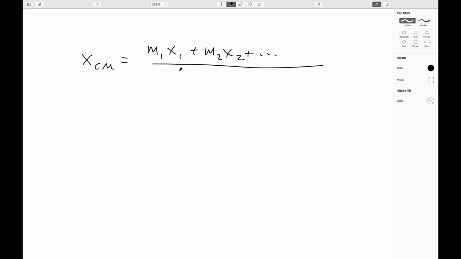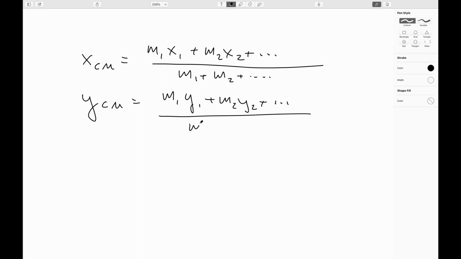And then when you get done, divide that by the mass of everything. And similarly, you can do this for the y coordinate of the center of mass. If you really wanted to, you could do this for a z coordinate if you needed to, but most of the time we're only worried about working in 2 dimensions.